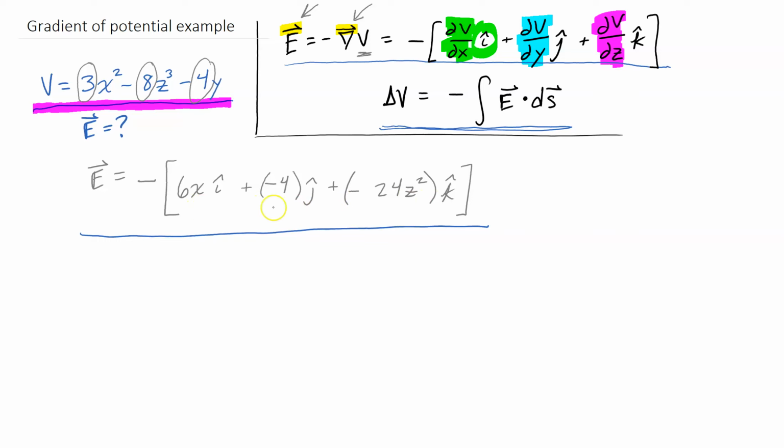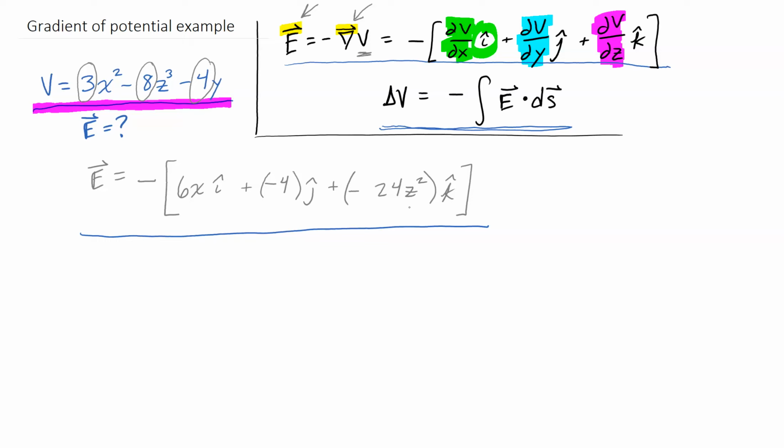Y doesn't show up here, so apparently it's the same for all y. And z, if I'm given a z, and I could say E is specifically this vector given a location. So I could find a little tiny arrow in all locations in 3 dimensions to represent the E field.